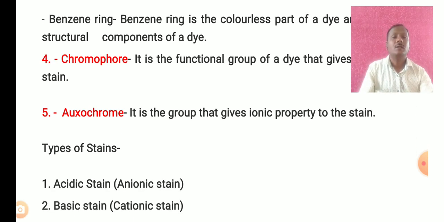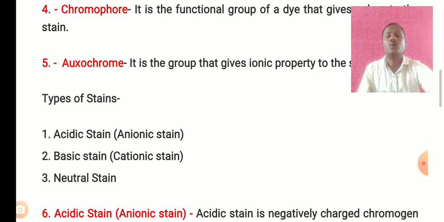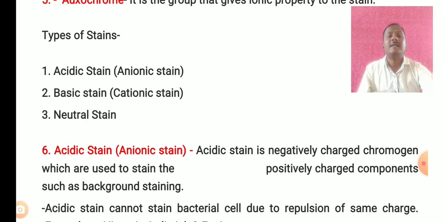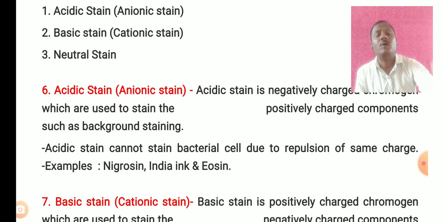Auxochrome is the group that gives ionic property to the stain. After that, we'll see the definitions of acidic stain, basic stain and neutral stain one by one.